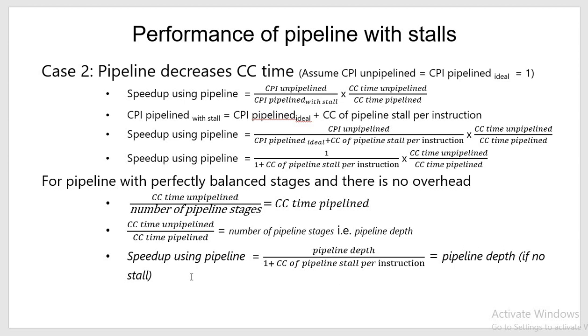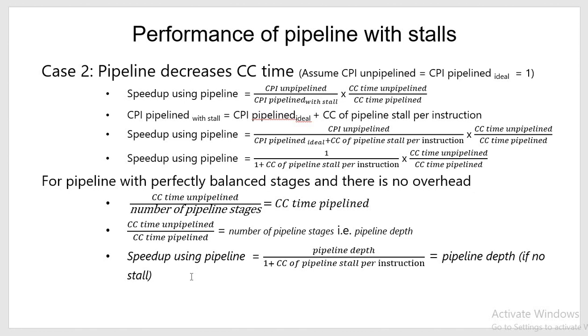So this is how we can evaluate the performance of a pipeline structure without stalls, which is the ideal condition, and for a balanced pipeline with no overhead. And we have also discussed how we can evaluate the performance or speed up of the pipeline structure with stalls.